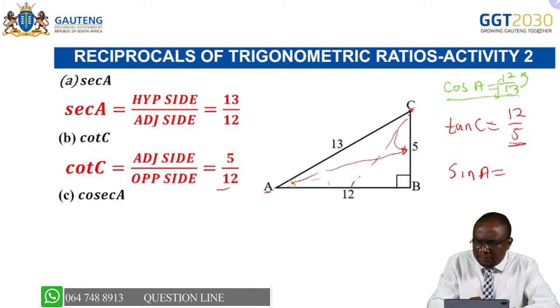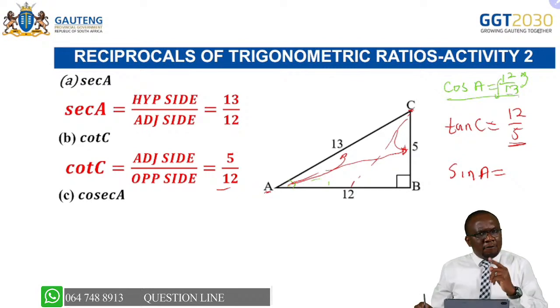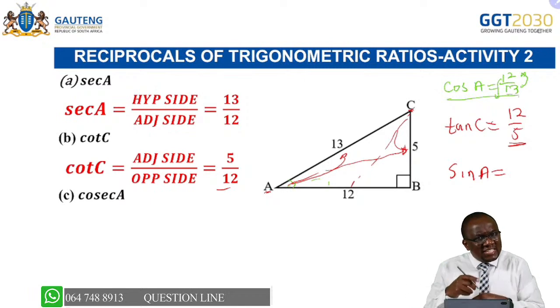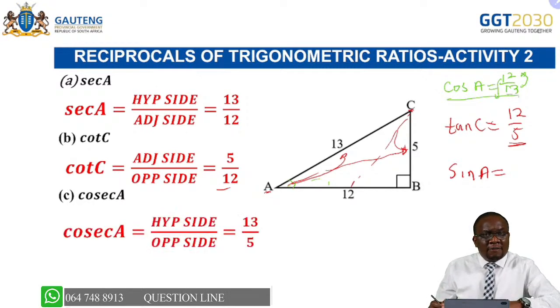The hypotenuse is 13. Am I right? Yes. So sine A is 5 over 13. What will be the reciprocal, called cosec A? Is it going to be 13 over 5? Yes, it's going to be 13 over 5. Do you see that? That's the reciprocal.